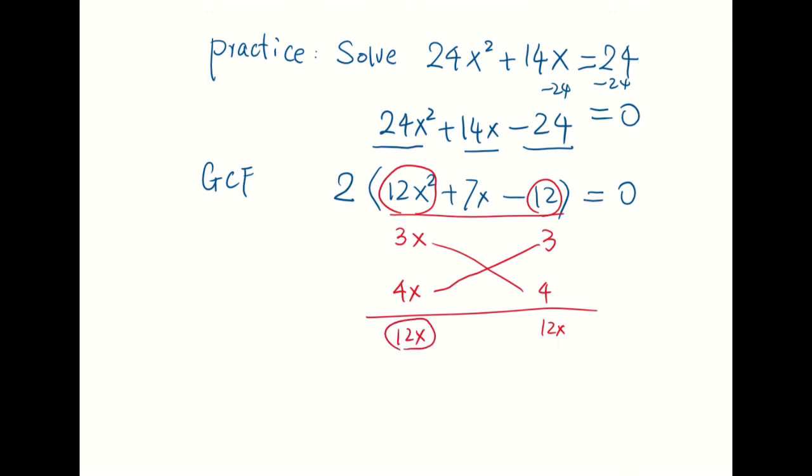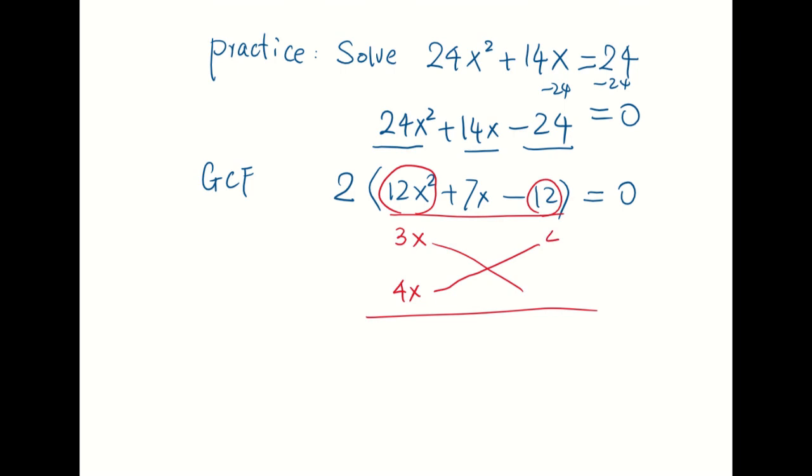Somehow I need these two terms to add up or subtract to be a 7x, which is impossible, right? So that means this is not the right combination. So let me erase all this and start again.